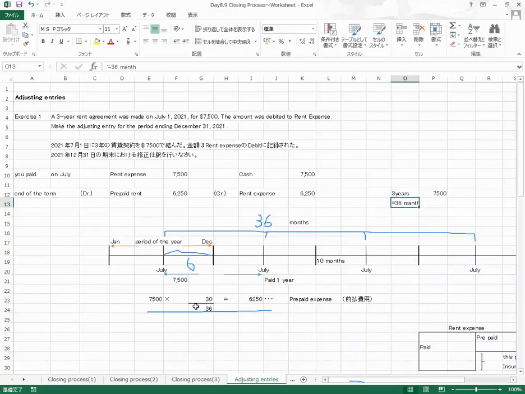Maybe Yuda-kun's mathematics and calculation is right, but in this case, we first think how many months we use in this term and how many months go to the next term.